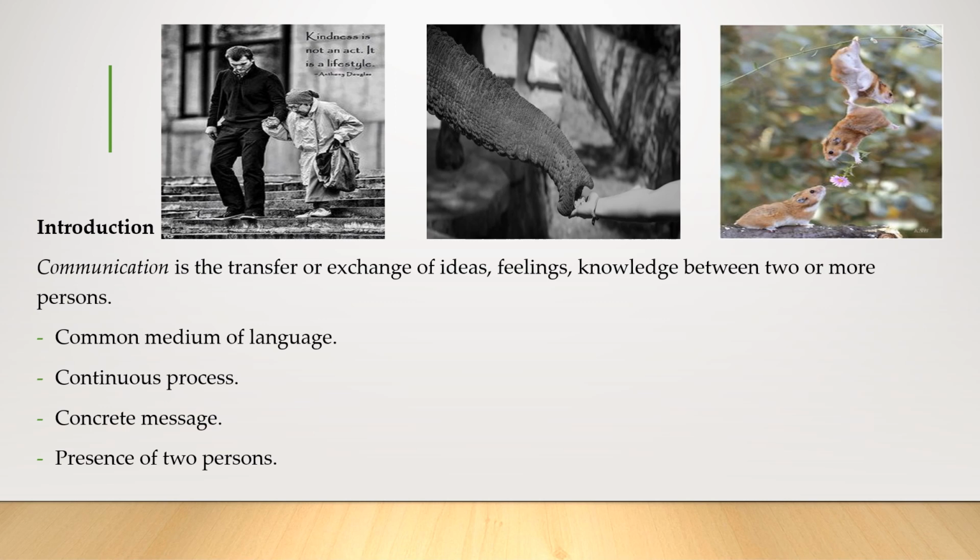So therefore, we always have a message. Even in the case of non-human entities, if a dog is hungry, it will keep making sounds to attract your attention. It will go jumping around its bowl, wanting you to feed it, right? So you are able to understand that.